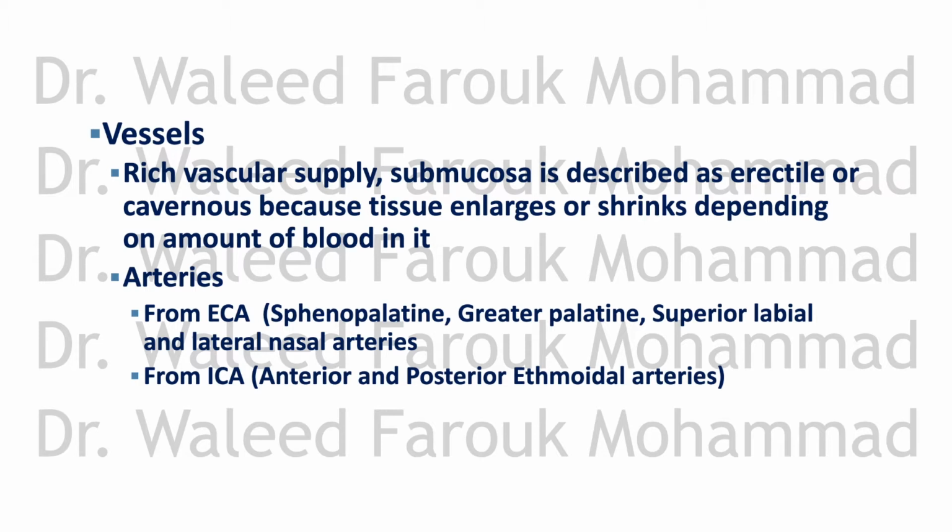The internal carotid gives off a branch called the ophthalmic artery that gives off the anterior and posterior ethmoidal arteries we're going to talk about. And from the external carotid, the sphenopalatine and greater palatine from the maxillary, superior labial and lateral nasal arteries from the facial artery are branches that will supply the nose.